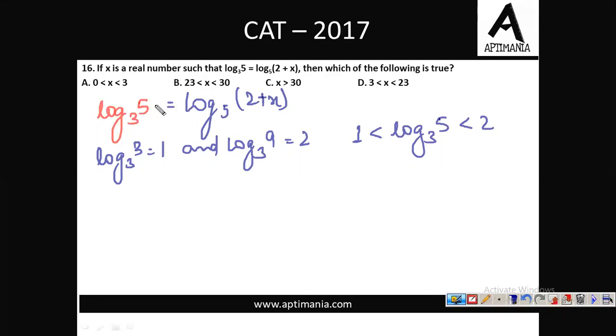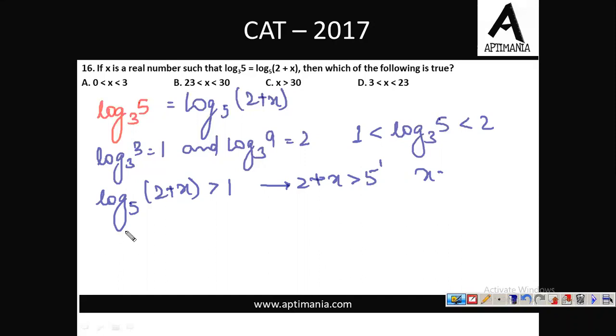In case this is the solution, then for the right hand side, the value should also lie between 1 and 2, right? So for log 2 plus x base 5 to be greater than 1, 2 plus x should be greater than 5 to the power 1, which is 5. So x should be greater than 3.